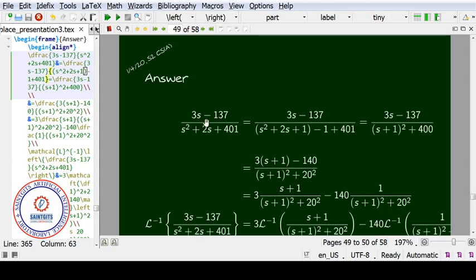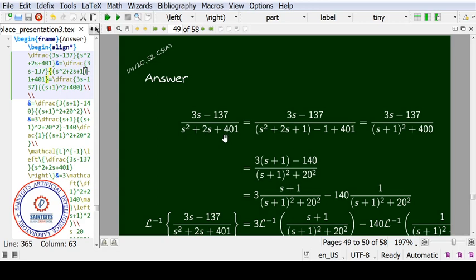So we start from our s function (3s minus 137) divided by (s square plus 2s plus 401). First of all, we complete the square in the denominator. That means we take half of the coefficient of s, square it, and add and subtract it in the denominator.